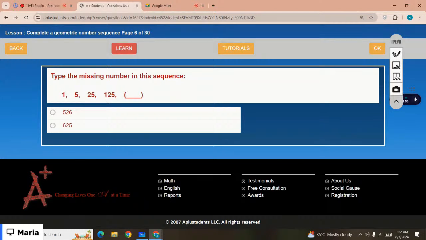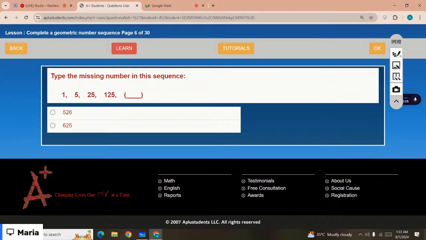Okay, type the missing number in the sequence. So which is the correct option? Yes, the numbers are growing by 5, right?